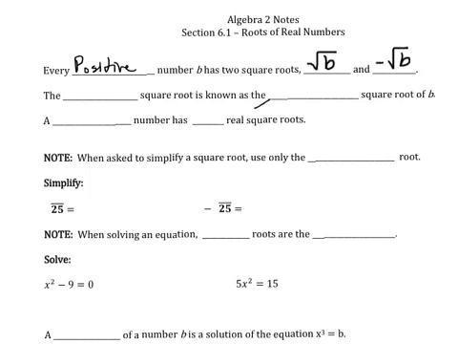Now, the positive square root, which would be this one, is known as the principal square root. You can think of it being in charge, much like Dr. Chapman is in charge of our school.